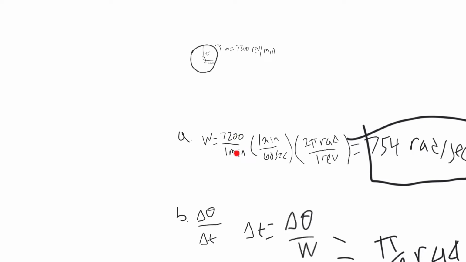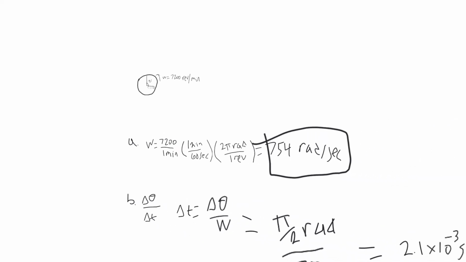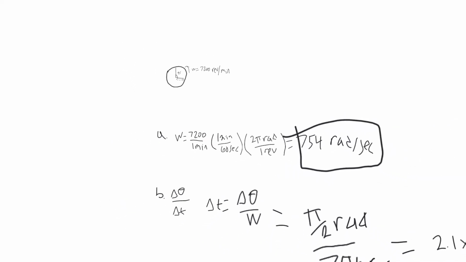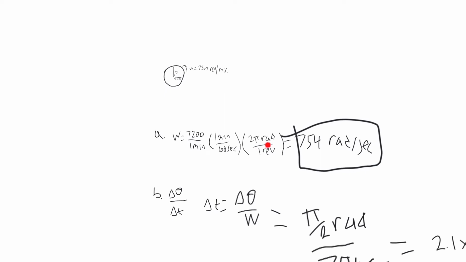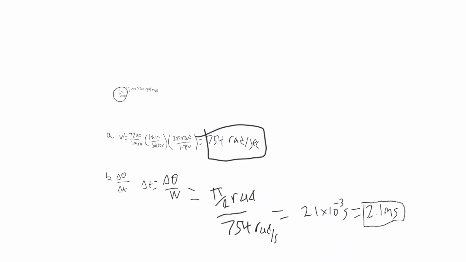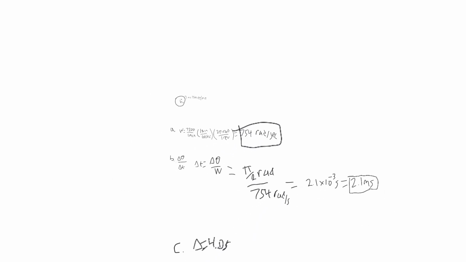So all we have to do is convert the minutes to seconds, which we do here, a minute over seconds, and then we convert the revs into radians. One revolution is equal to 2 pi radians, right? So then you do that, and you get 754 radians per second. So that's for the first part of the question.